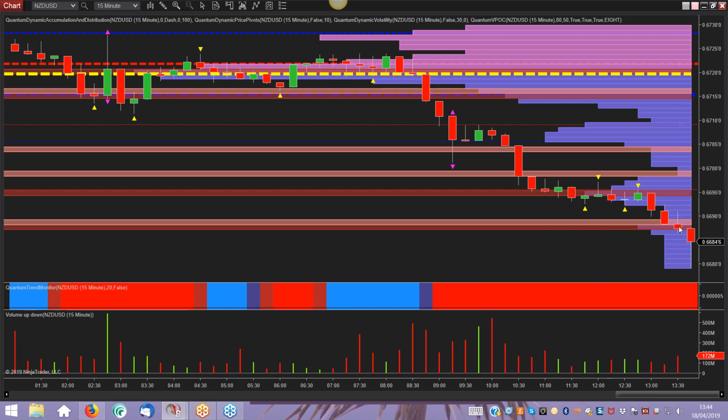You're expecting the market to turn over from there. So that might be a point at which you'd consider a re-entry. You've missed all that, and now you're thinking, where is this market going? Am I going to get another short out of it, or is it going to reverse? These are the sort of candles you're looking for.